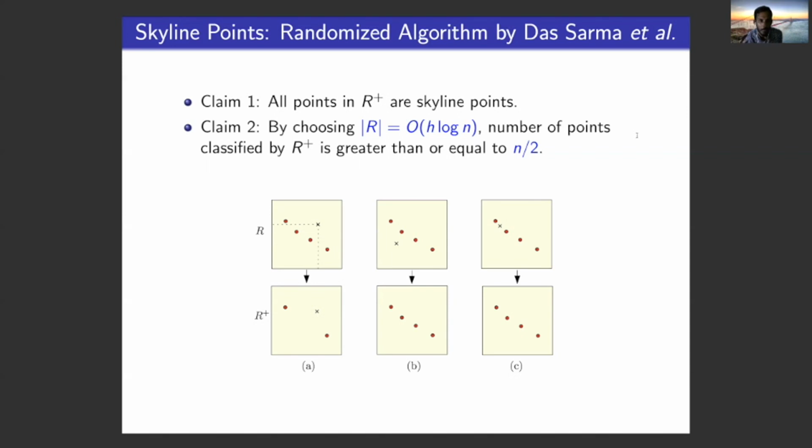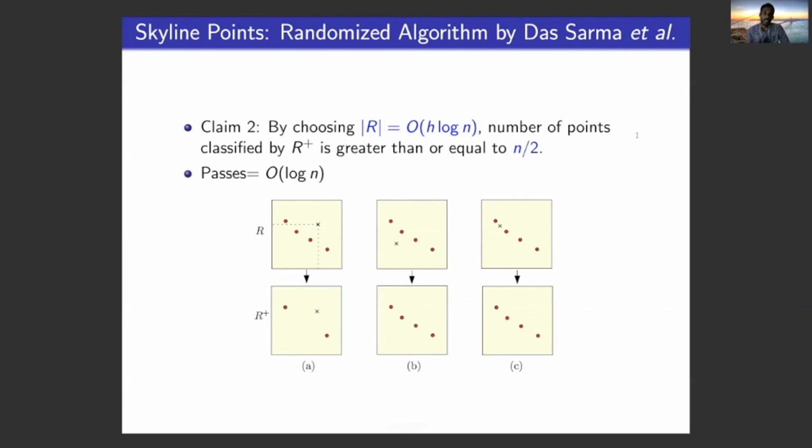All the points in R plus are classified, right? They are skyline points. And all the points that R plus dominates are also classified. They are non-skyline points. So the claim here is that the number of such classified points by R plus is greater than or equal to n over 2 if we choose the sample size of h log n.